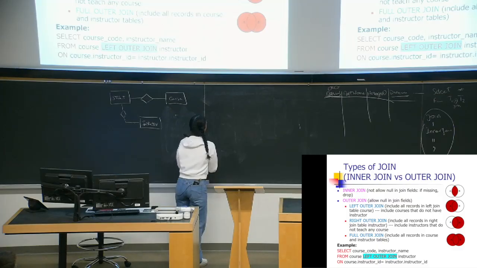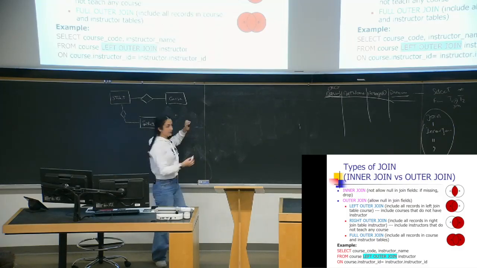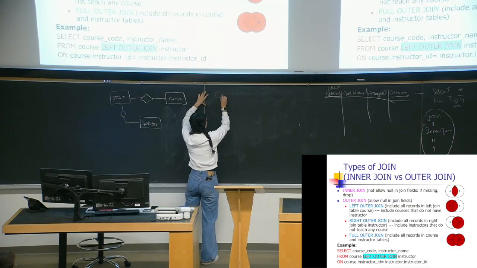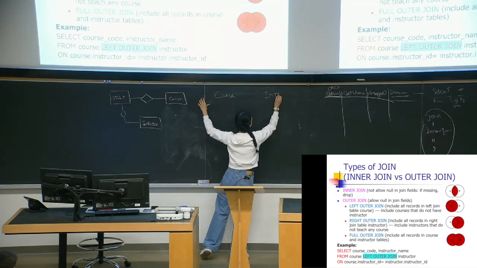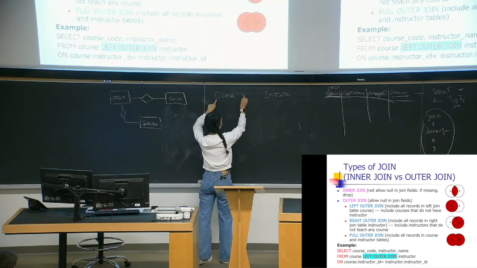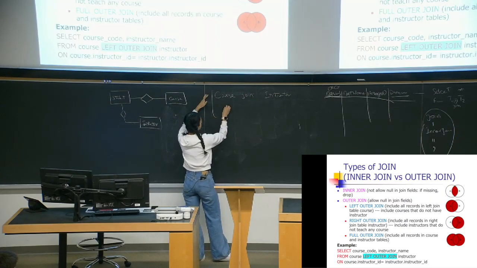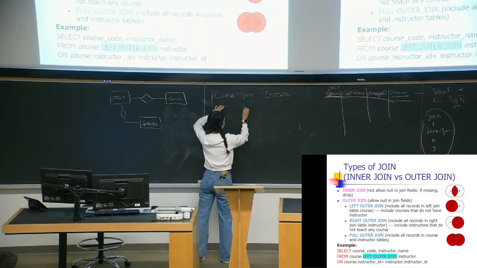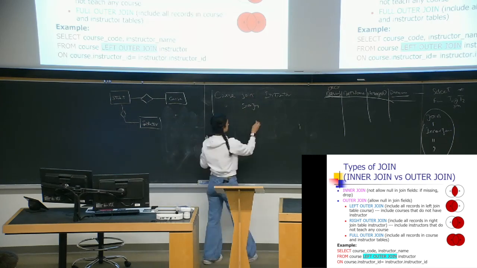So let's focus on these two tables, course and instructor, okay? There are different ways to join course with instructor. If I write course join instructor, it is the same as if I write course inner join instructor. I don't write the full query because I don't have enough space here.